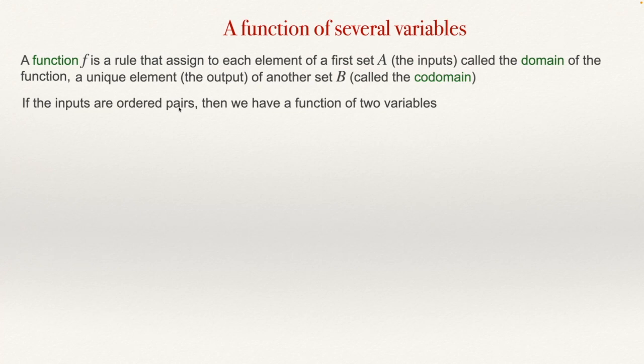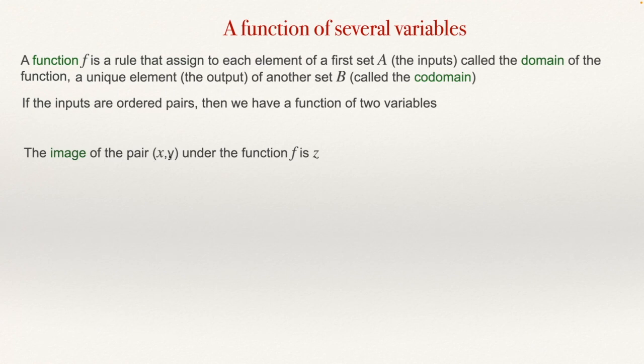So it will be clear what will be the first element and what will be the second element. When I say they are ordered, it means that there is a first and a second. So when the inputs are not only one element, but pairs of elements, and this pair of elements is ordered, then we have a function of two variables.